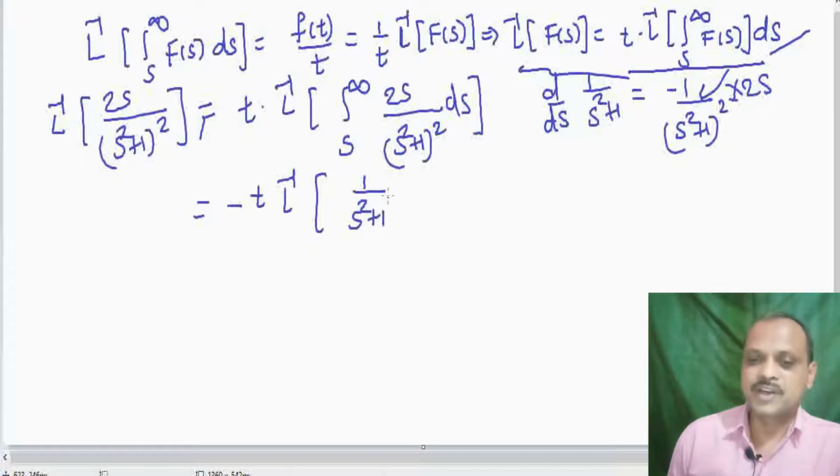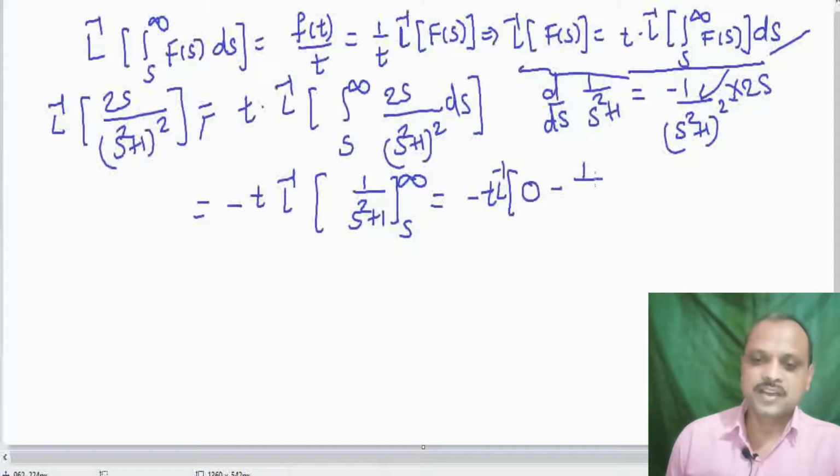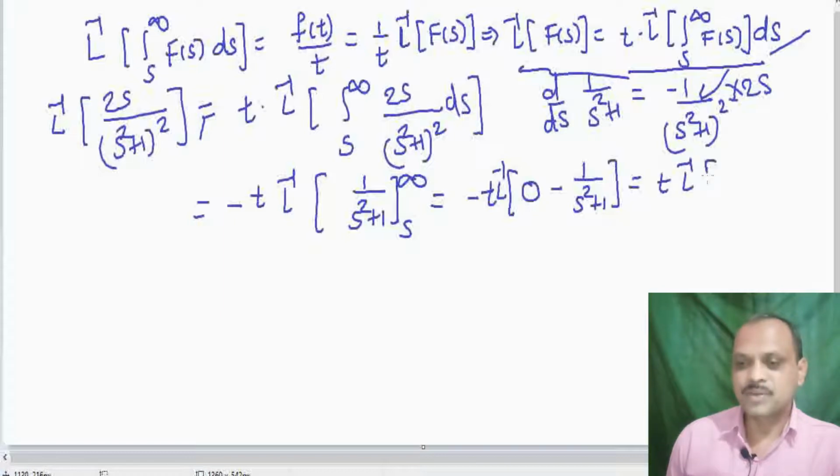the term 1 divided by s square plus 1, with limit s to infinity. So minus t, at the upper limit we get 0, minus 1 divided by s square plus 1. Now you can see minus minus becomes plus.